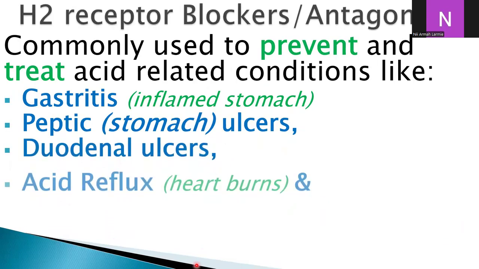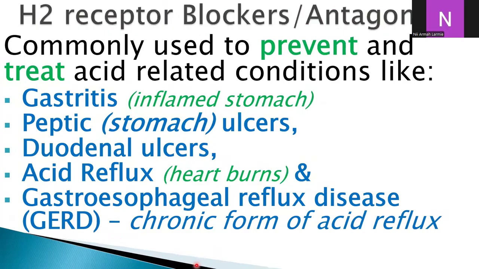How do we use these drugs? H2 receptor blockers are commonly used for acid-related problems. We use them either for prevention or for treatment. We can use them to treat gastritis or prevent gastritis. We can use them to manage peptic ulcer or prevent peptic ulcer.